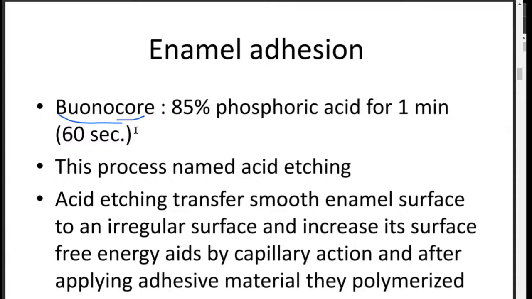Acid etching is the application of Bunicor, 85% phosphoric acid, for 1 minute on the enamel.